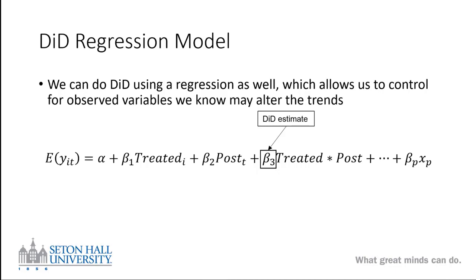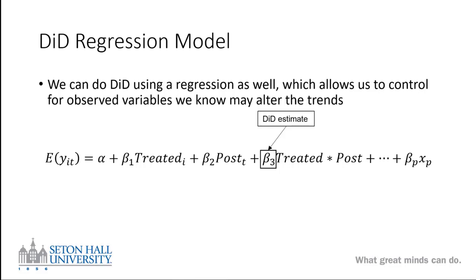But the basic format is we have one variable that is the treatment variable. It's either equal to 0 if you're in the control group or 1 if you're in the treatment group. We have this post variable, which is equal to 0 if you're in the pre-treatment period or 1 if you're in the post-treatment period.